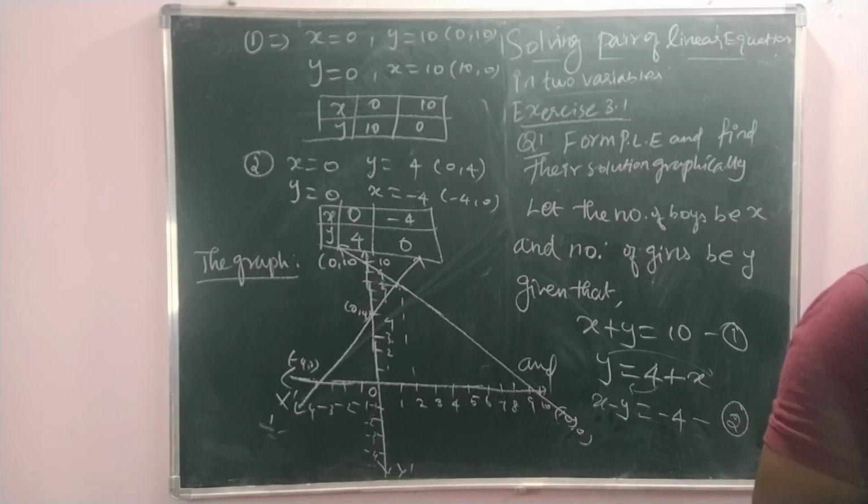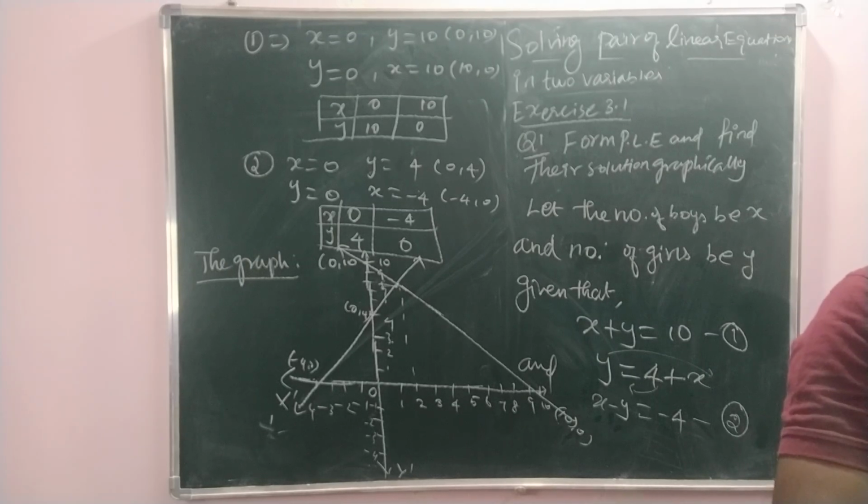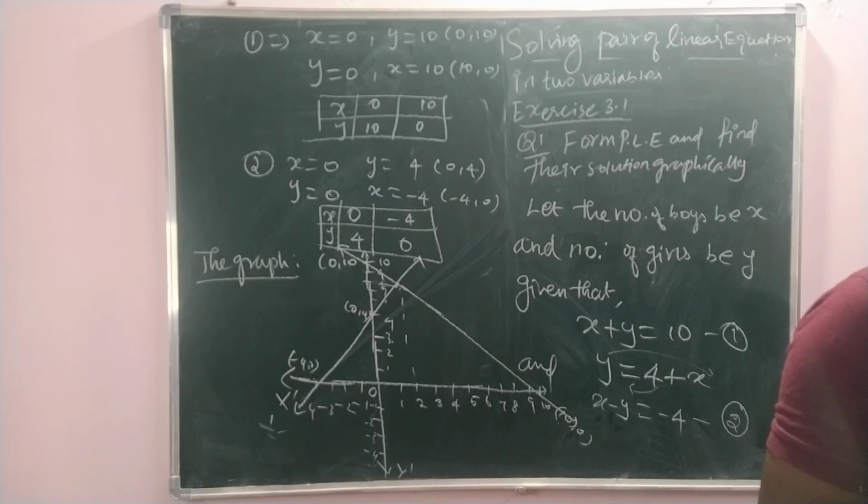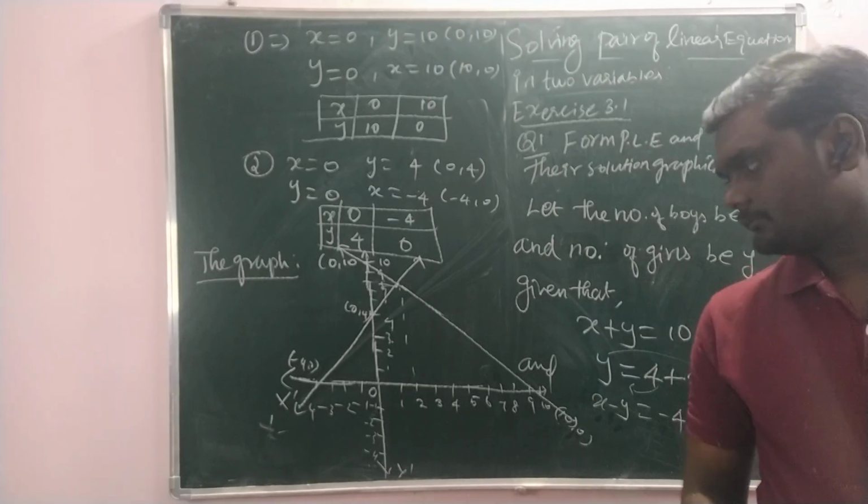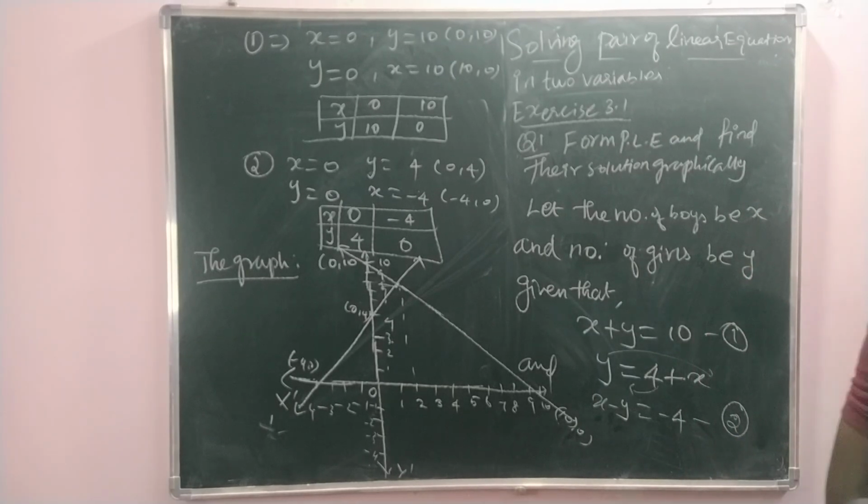What is the exact answer? Final answer: 3 comma 7, like you may get, is the exact answer. Number of boys is 3, number of girls is 7.